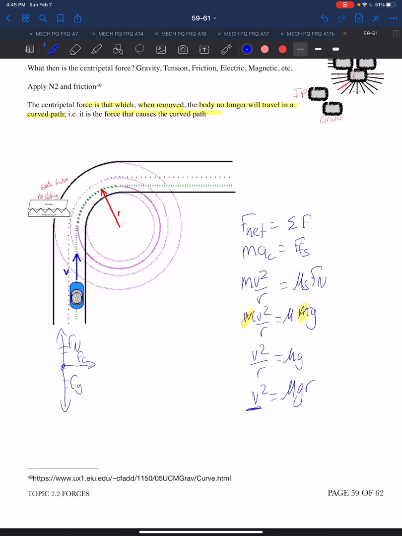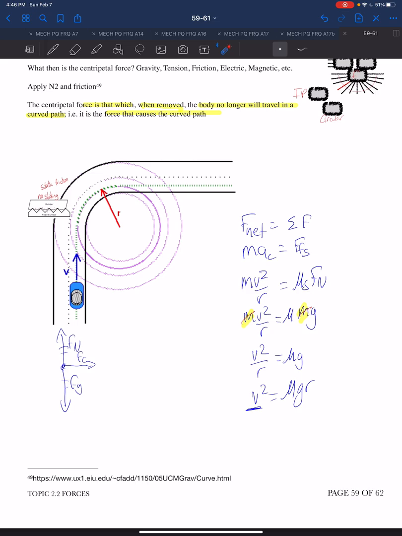Notice that the velocity that allows this to happen does not depend in any way on the mass. Making the car more massive will increase the centripetal force. If I double the mass of this, it will double the centripetal force required to produce that centripetal acceleration, but it will also double the mass, the normal force, and thus the frictional force.